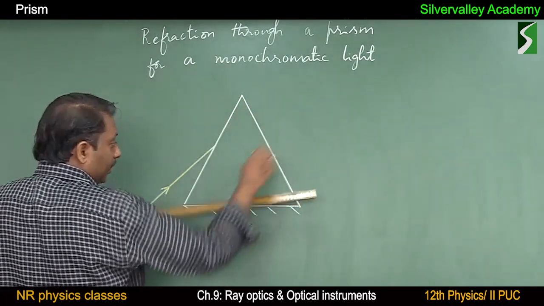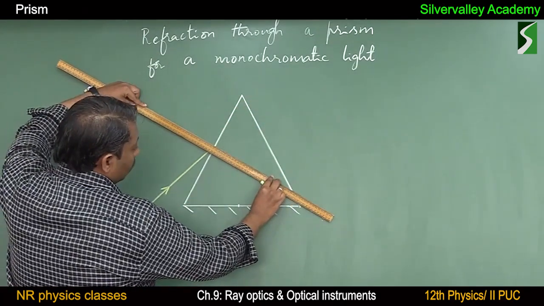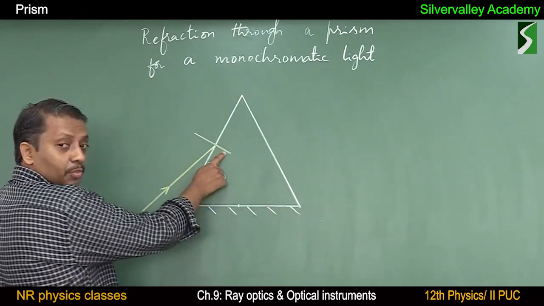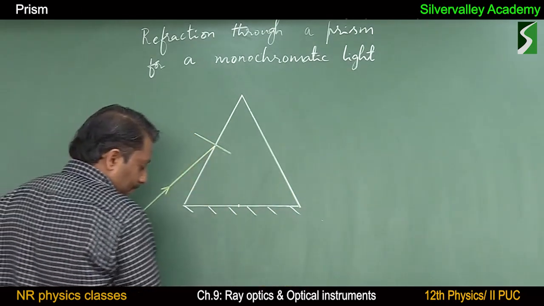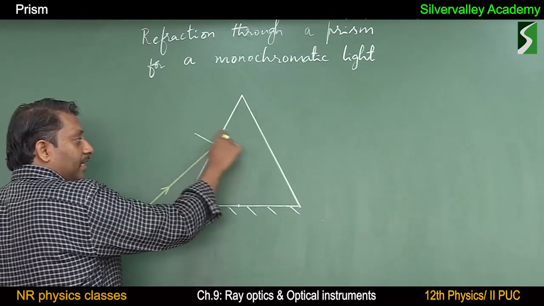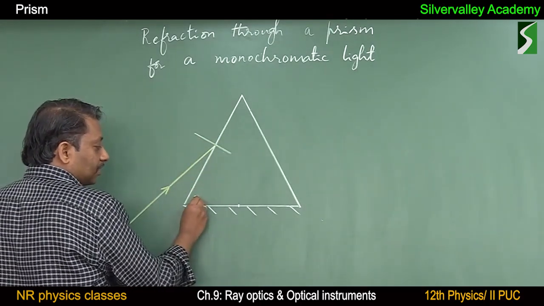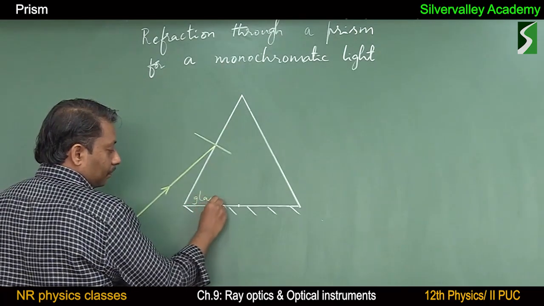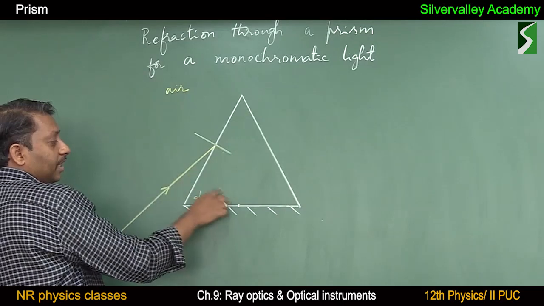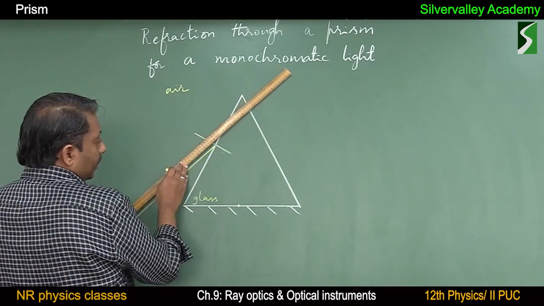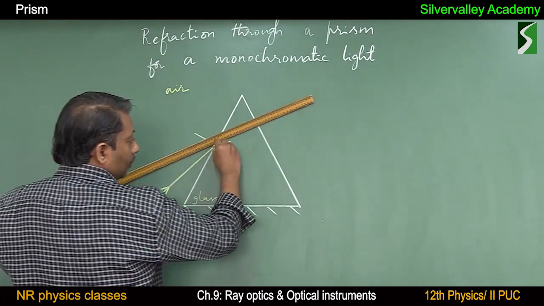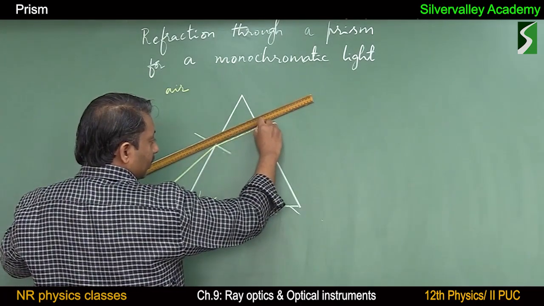To draw refracted ray, let me draw normal first. So this is normal drawn at the point of incidence. Light ray is going from rarer medium to denser medium. If this is glass and air outside, rarer medium to denser medium means the light ray bends towards the normal. So this is the refracted ray.